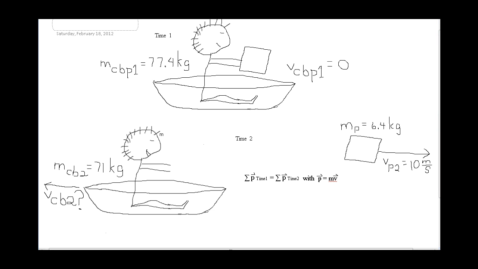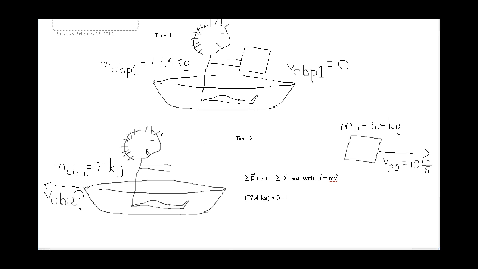Next, let's fill in the conservation of momentum equation. For time 1, we have the mass of the child in the boat with the package multiplied by a velocity of 0. So the left-hand side of the equation is 77.4 kilograms of mass at time 1, multiplied by 0 velocity at time 1.